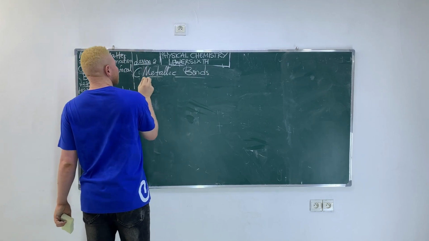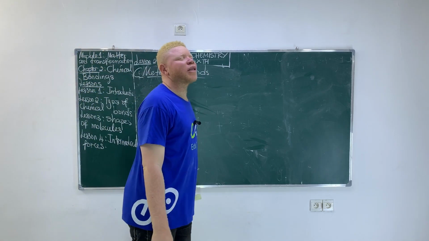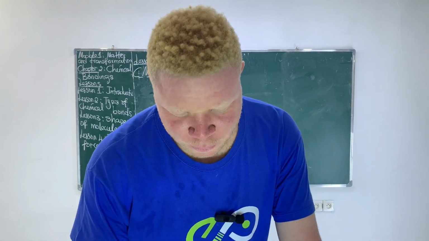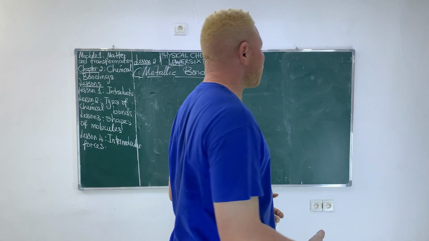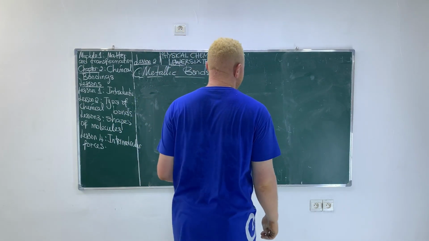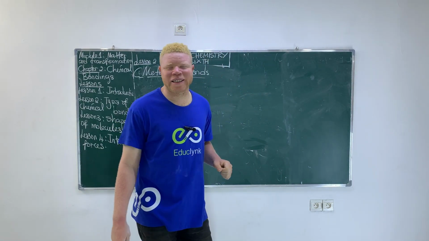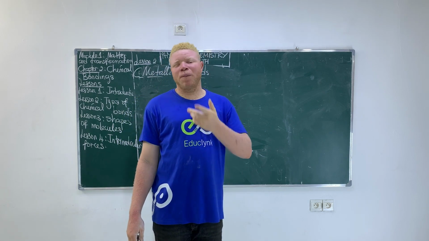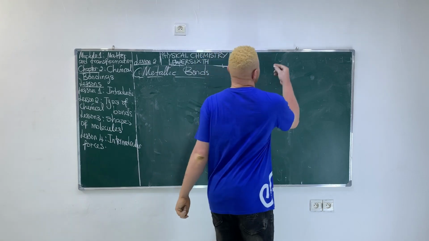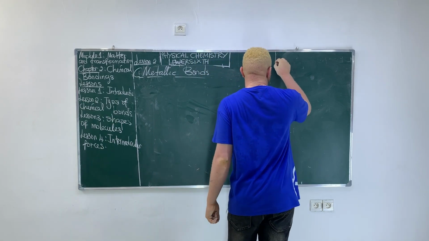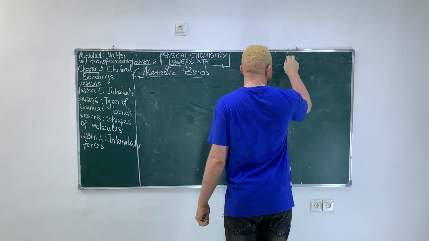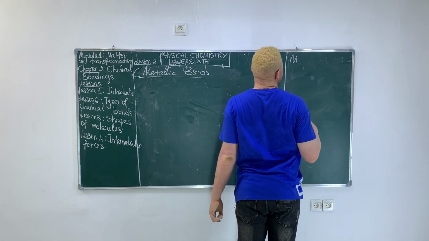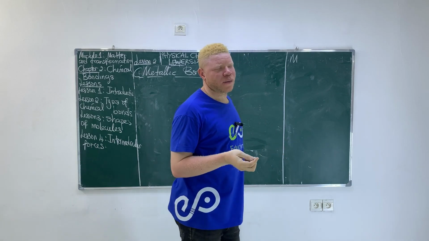So, metallic bonds. A metallic bond simply is the electrostatic force of attraction between a positively charged ion and a sea of delocalized electrons. Example, let me take a metal M with one electron in the outermost shell.